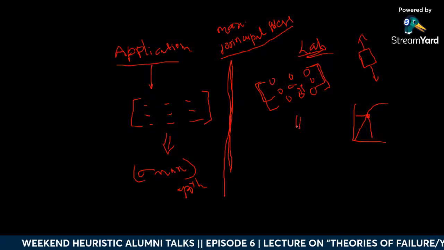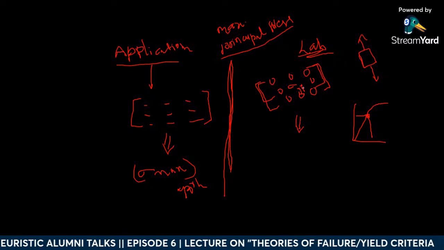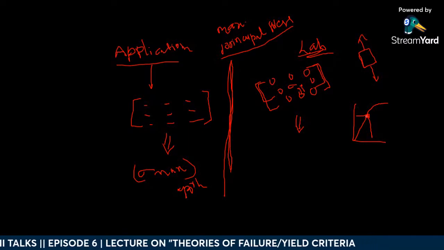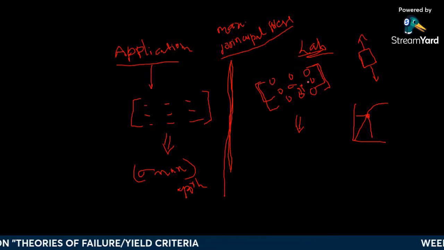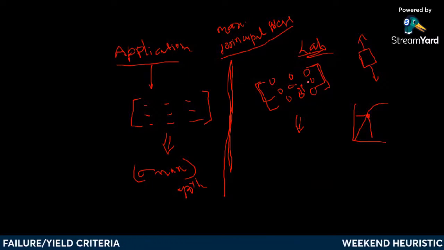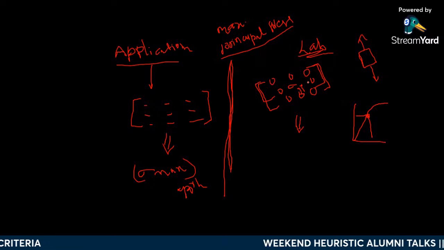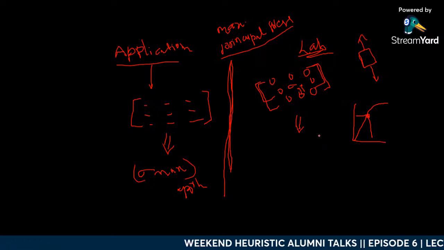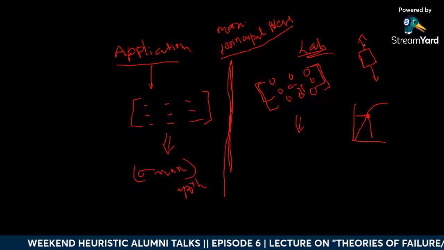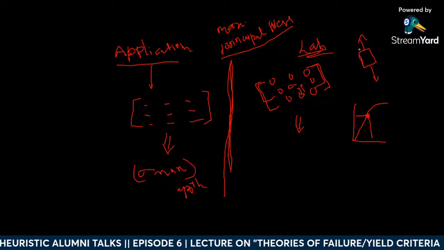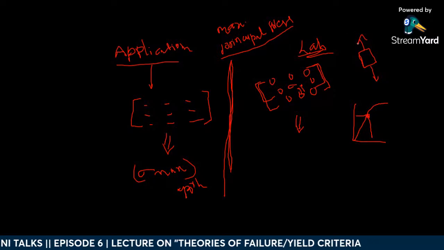Okay. So now, what can be the maximum principal stress at the failure point? Can you find this out? Obviously, it is already under principal stress condition because there is no shear, right?